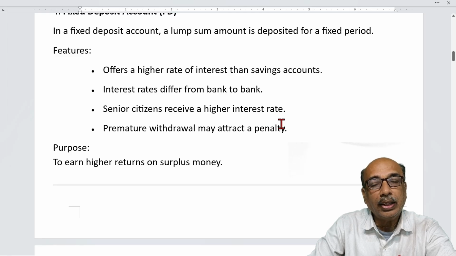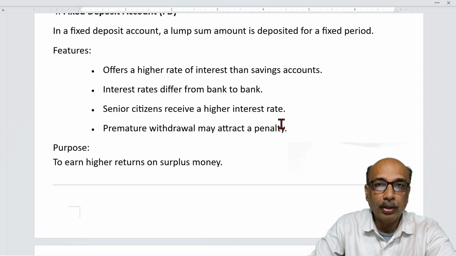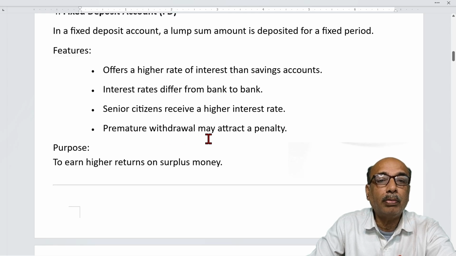Recently, for your understanding, the government has kept a retirement senior citizen scheme. A retired person gets a maximum fixed deposit interest of 8.2% per annum. Here, premature withdrawal may attract a penalty.